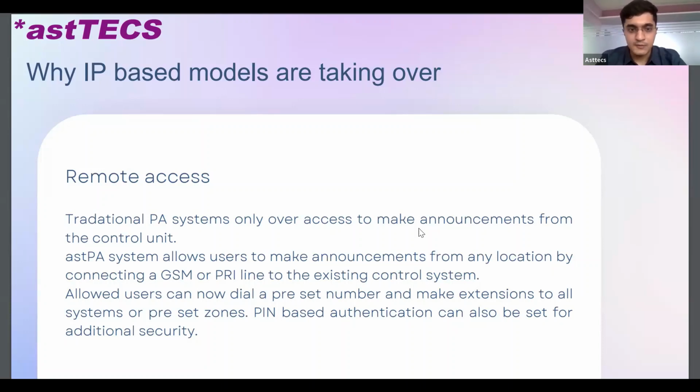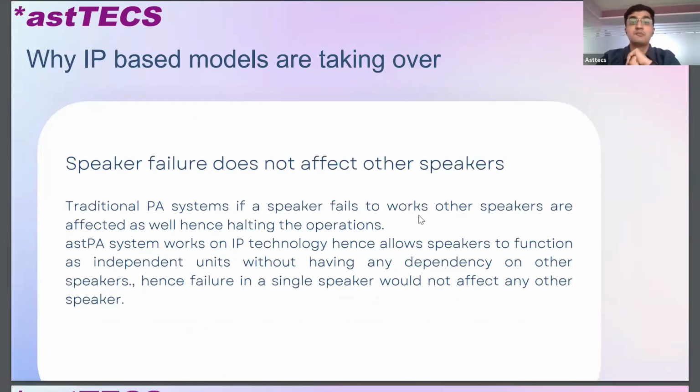Now, speaker failure does not affect other speakers. A big thing for scalability: each speaker is an individual unit. If, say, in an analog system you had 100 speakers, a lot of it is connected serially.